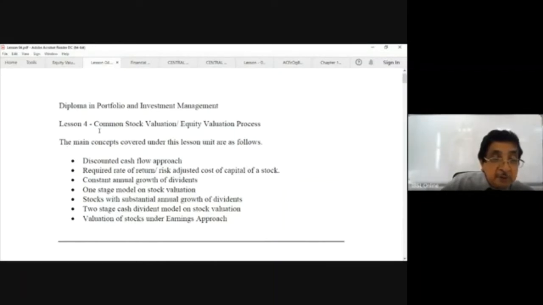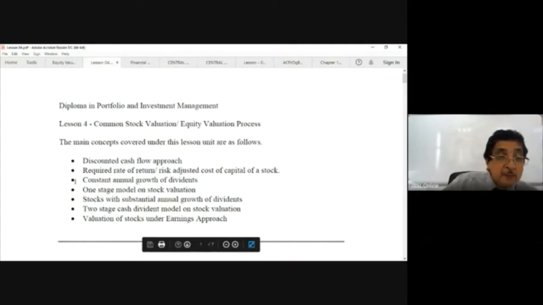Today our lesson is common stock valuation, or the equity valuation process. The main concepts covered under this lesson unit are as follows. First, the discounted cash flow approach. Then the required rate of return, the risk-adjusted cost of capital of a stock.